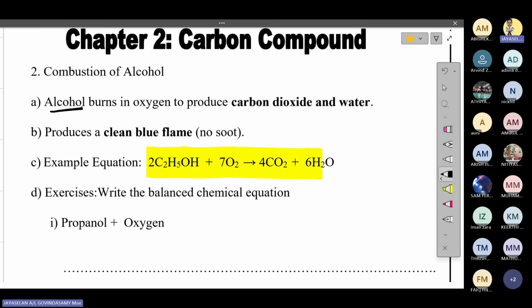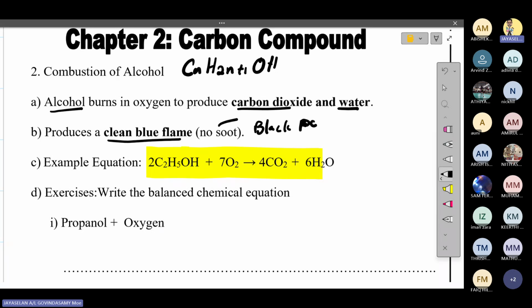Alcohol, what is the general formula? Write it here: CnH2n+1OH. It burns to produce carbon dioxide and water. This produces a clean blue flame and no soot. Soot is a black powdery substance that sticks to the cooking pot.